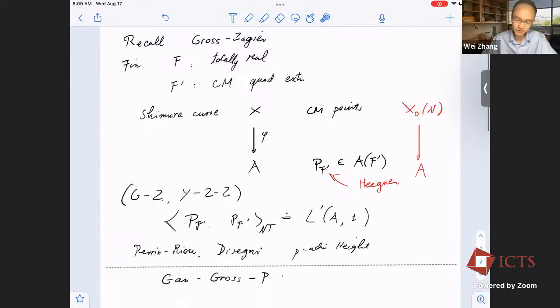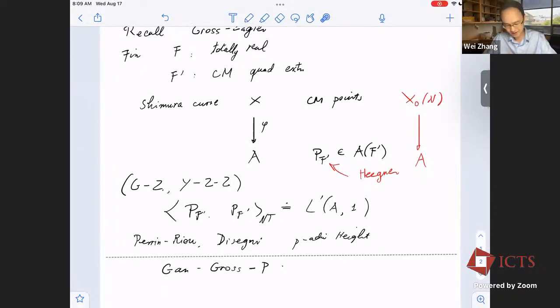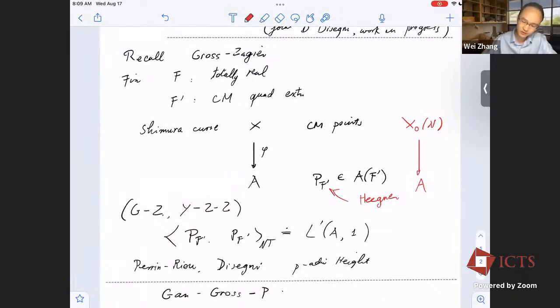Here we're able to remove all those conditions while also considering a totally real field. So in some sense it is the maximal generality for the GO(2) case. That's what Gross–Zagier considered, and also what Perrin-Riou considered in the p-adic setting.